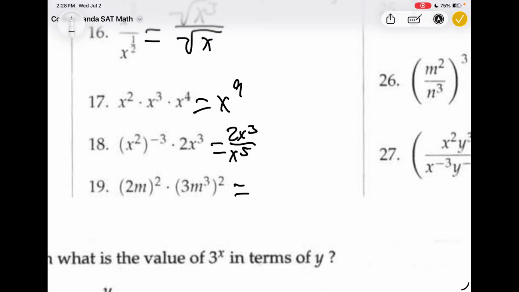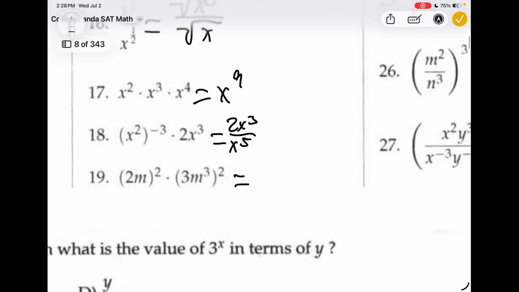And here we got 2m squared times 3m to the 3rd times 2.